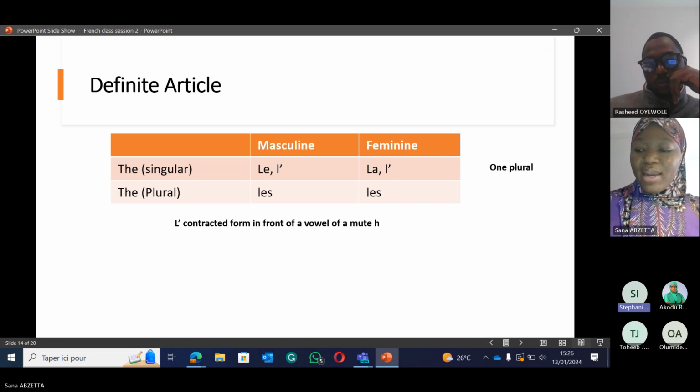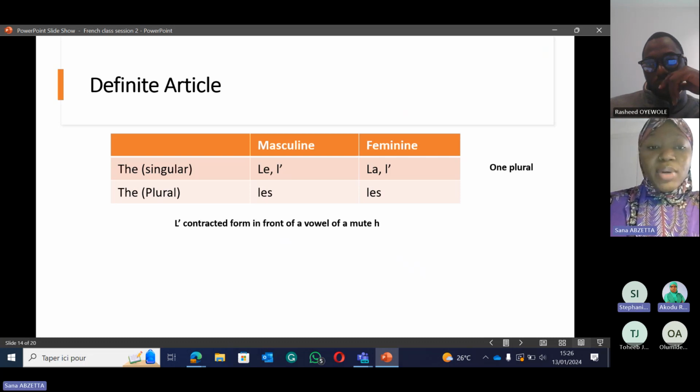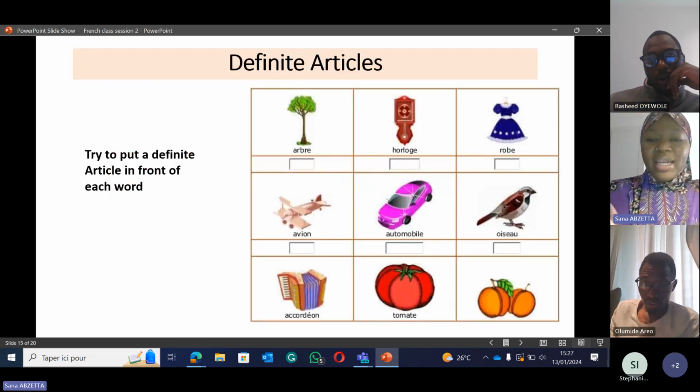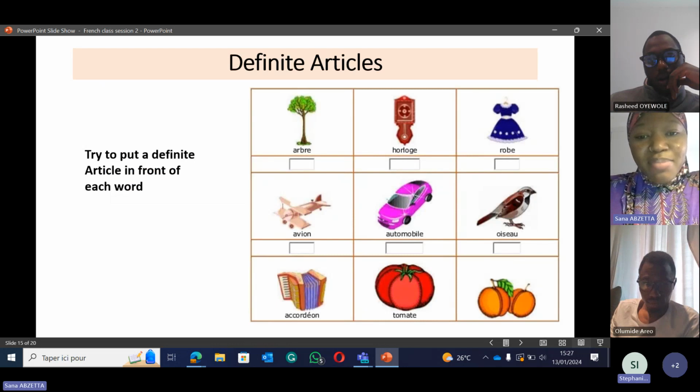When the article, the la or the le, is followed by a word whose first letter is a vowel, you use just L with an apostrophe. So here, instead of saying la arbre, just say l'arbre.